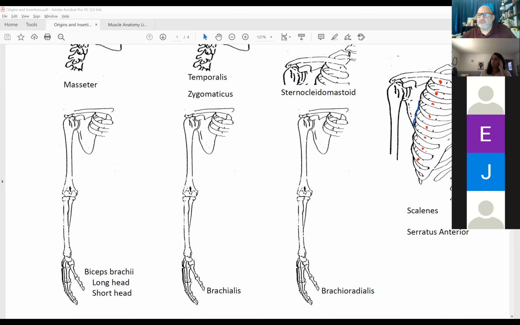You can draw your insertion on the most medial part that you can see, or if you're able to visualize this in 3D for yourself, you can maybe use a lighter or dotted line to remind yourself that it is going to be along the medial border of the scapula. So again, whatever helps you to understand where that's located, or like I said, just do your drawing here on the side and stick it right there so that you can see that as well. Whatever helps you to understand it. Again, you're not turning these in, so it's what makes you happy, makes sense to you. All right, questions on that?